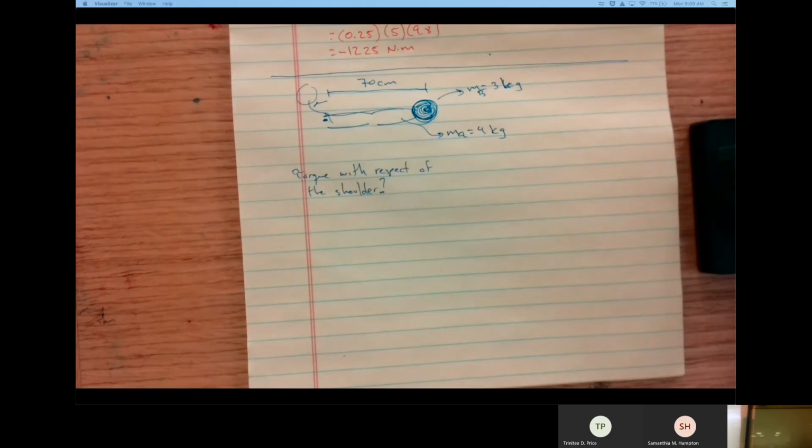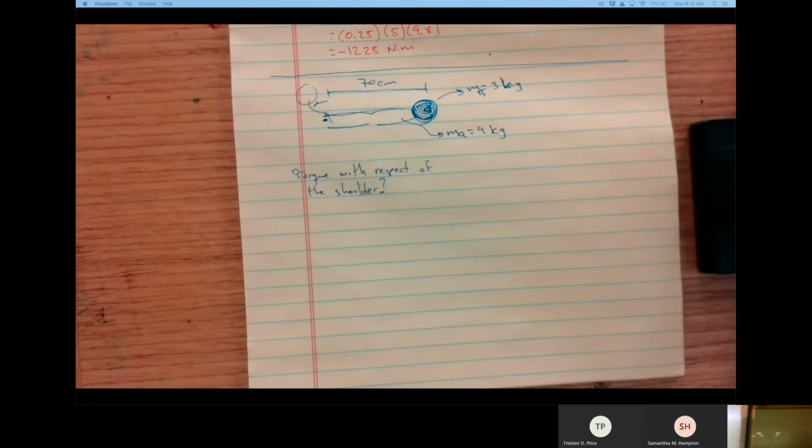Noah? I said the force of gravity. On where? On the arm. Lexi? The force of gravity on the arm and then the force from the weight of the ball.